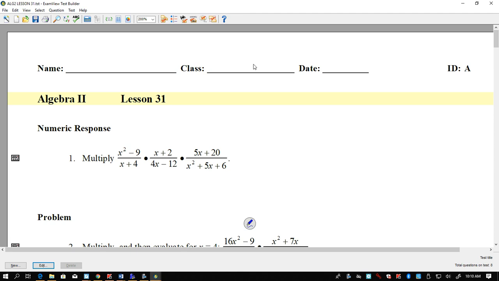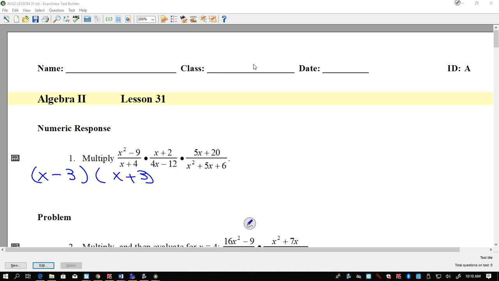Do we have an x value there, just an x, like x to the first? No. But I do see subtraction, and what kind of number is 9? Perfect square. Right, it could be x minus 3 and x plus 3.